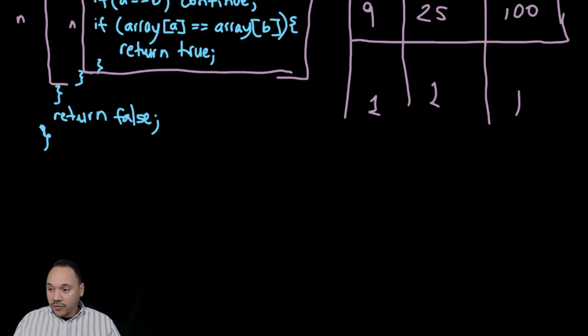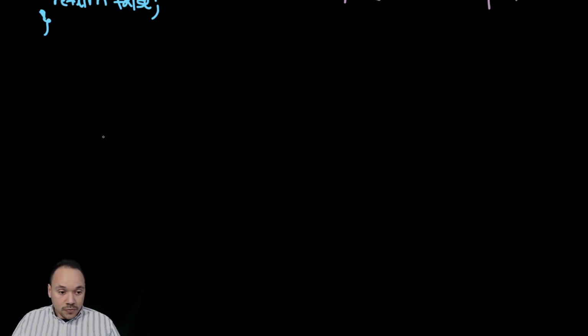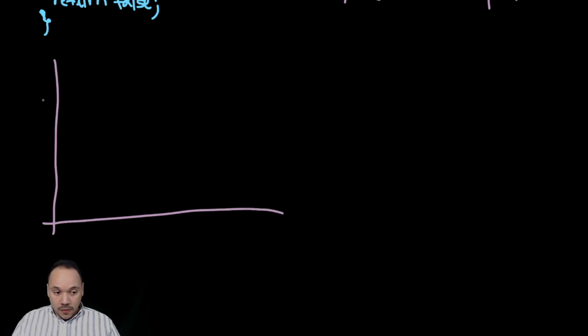So if we do a graph, it's going to look something like this. Here is the time complexity of the runtime, and here is the input size. When we have an input size of 3, we get 9.